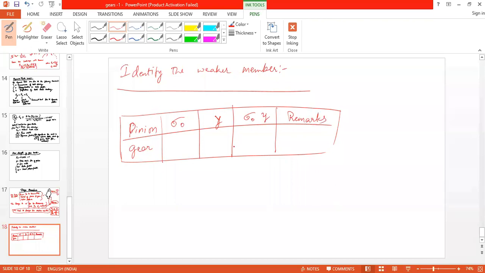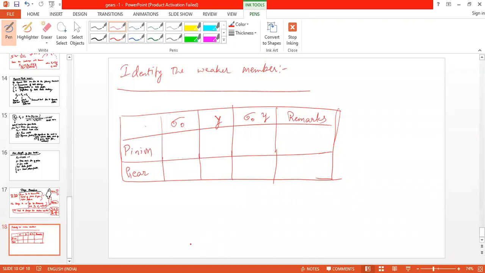From this table, we will identify the weaker member.